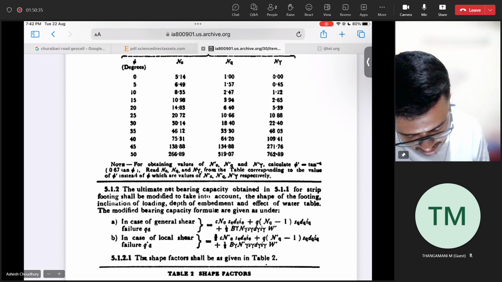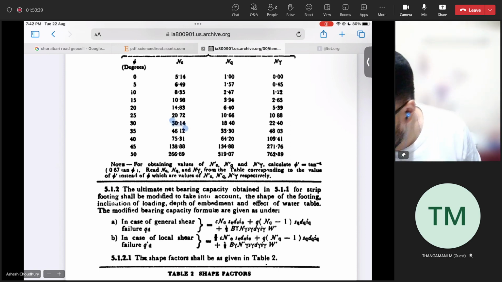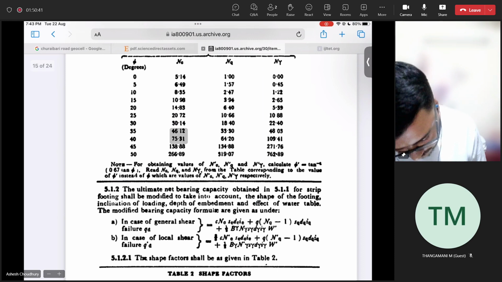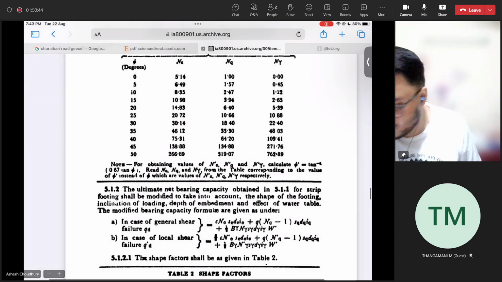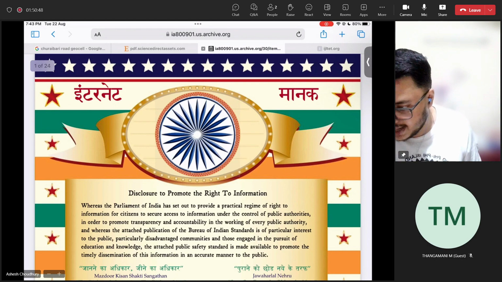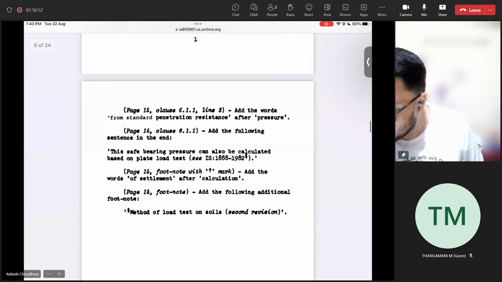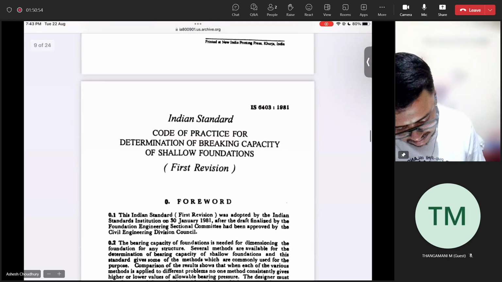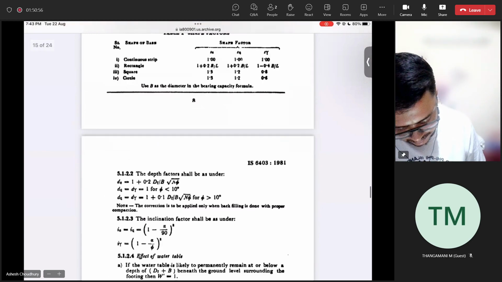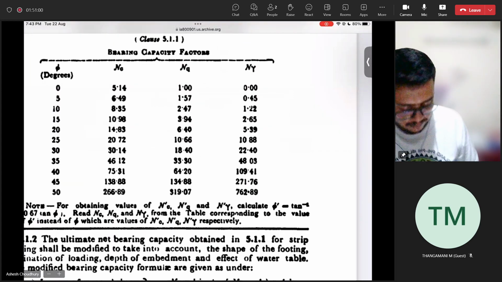For 36 degree, Nc comes out as around 51.96, Nq comes out as 34.98, and N gamma comes out as 60.31.